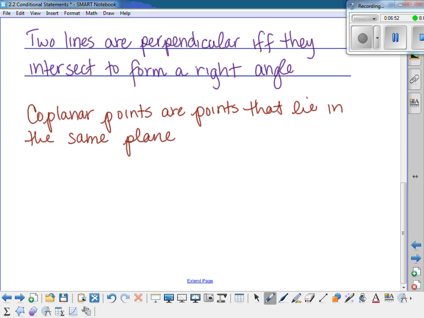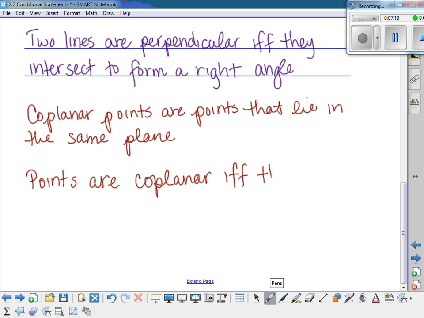That's true. If points lie in the same plane, then they are coplanar. That's true. So that means we can write it as a definition. Points are coplanar if and only if they lie in the same plane.